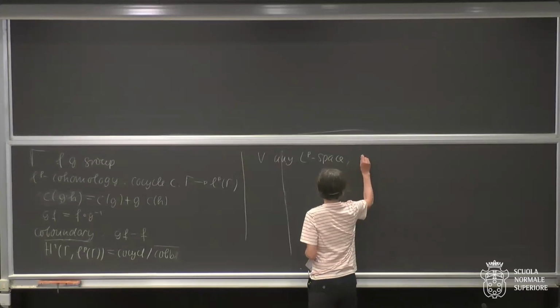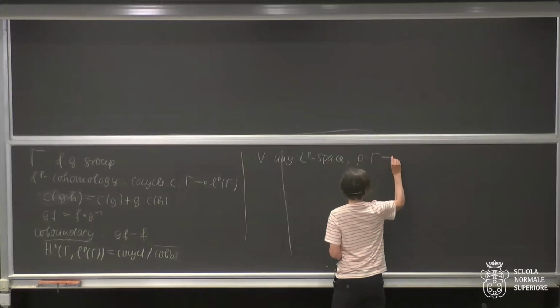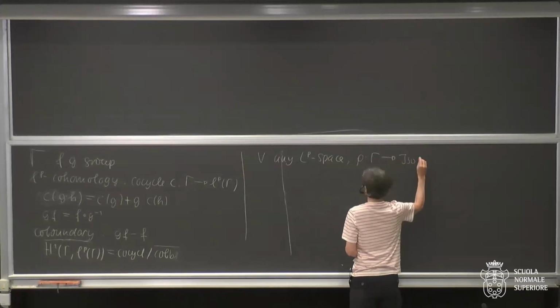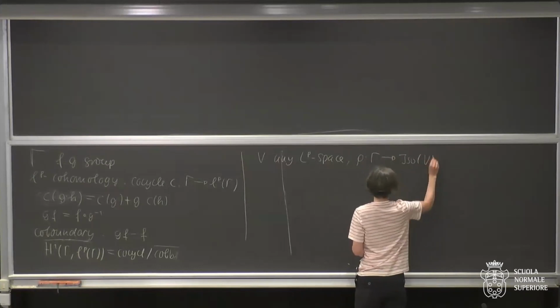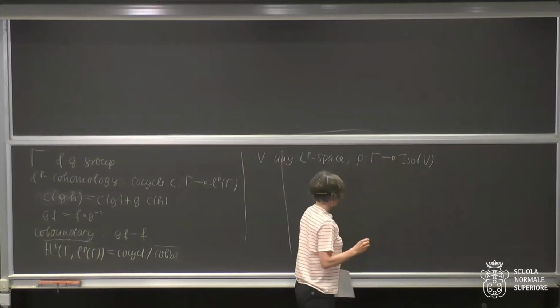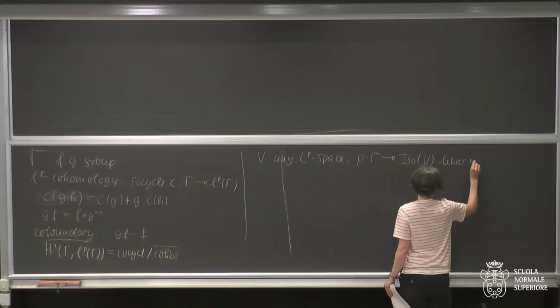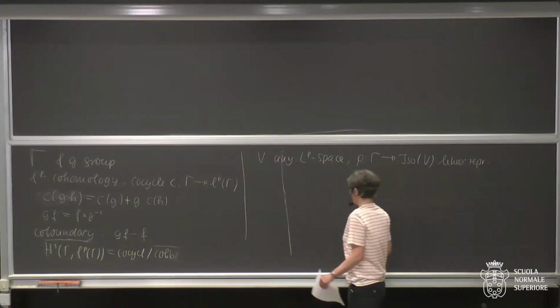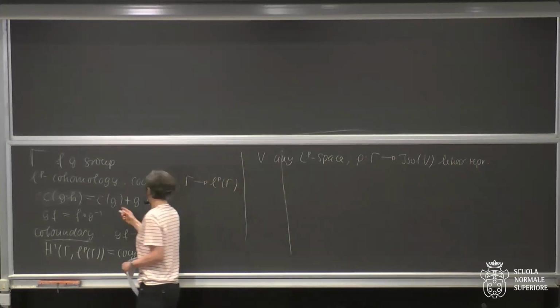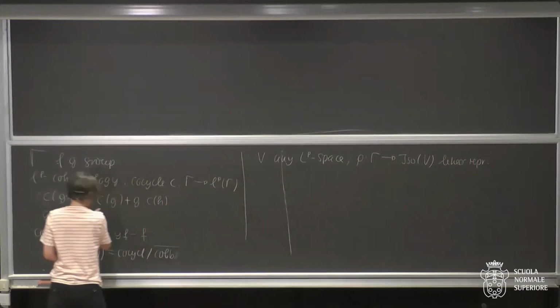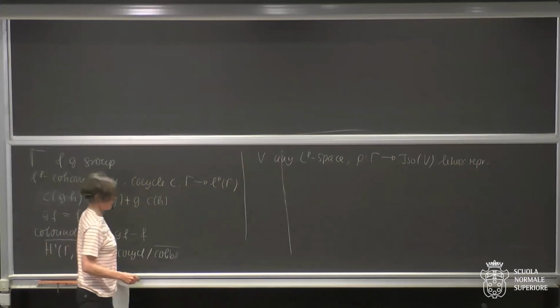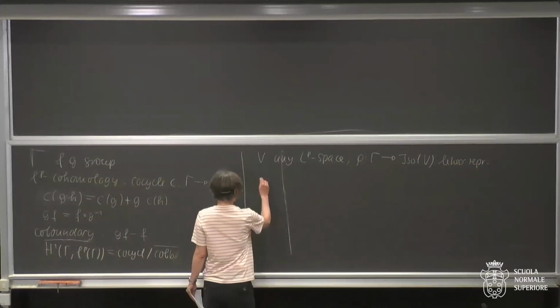Then we can look at rho, a map from Gamma into the isometry group of V, which is supposed to be a linear representation. Then we want the cocycle to have values in V, and the definition of a cocycle is exactly the same as you see here. And what does a cocycle mean?